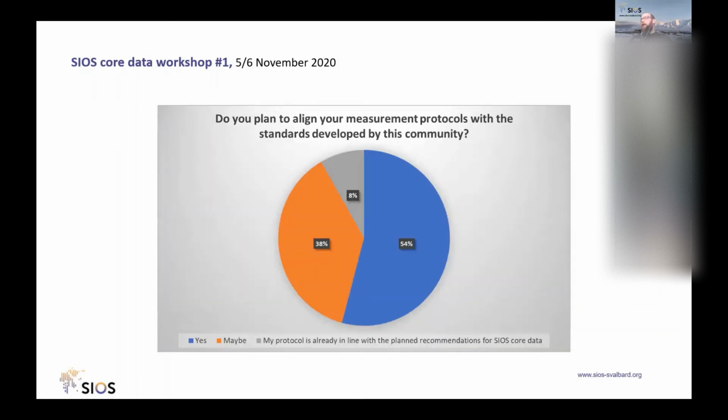Our first step was to start a discussion about the measurement protocols. For each domain, we had two short workshops, and interested scientists looked into the details of measurement protocols, already existing standards, and how they can be combined and implemented by the SIOS community.